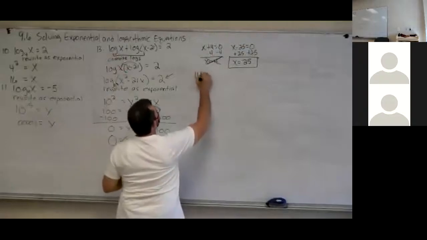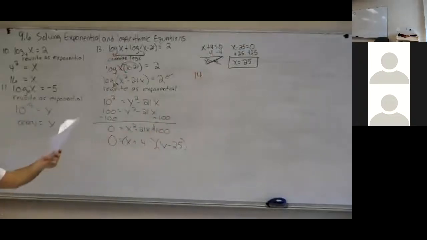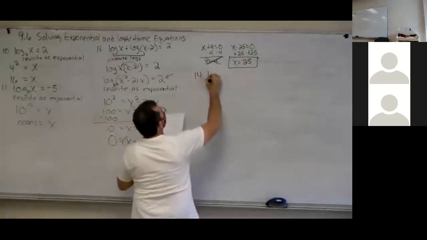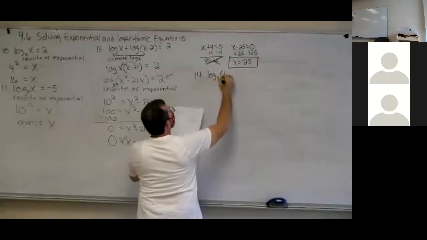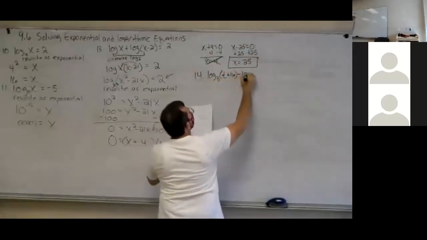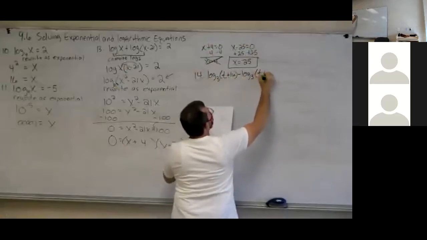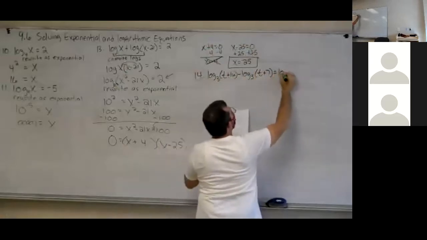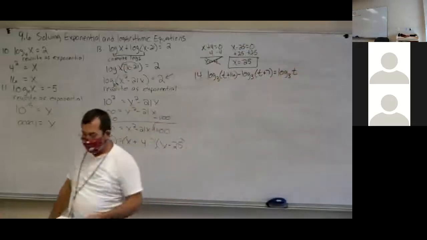What's that, 14? How about 3 logs? I put logs everywhere. Log base 3 of t plus 16 minus log base 3 of t plus 7 equals log base 3 of t.